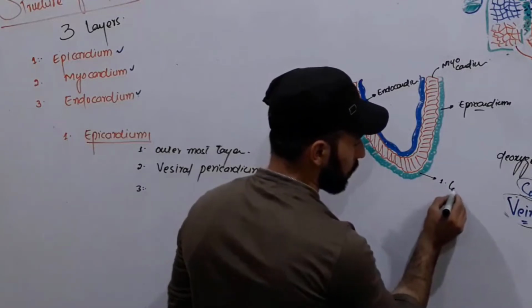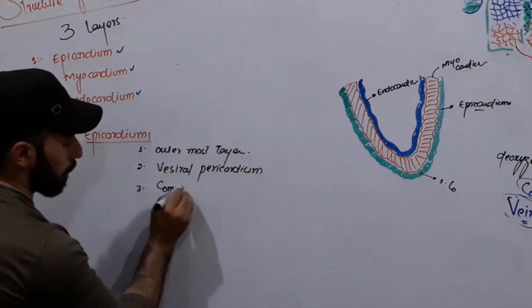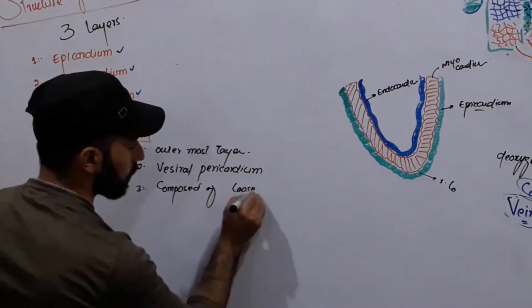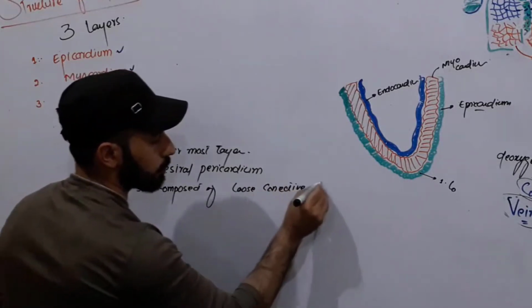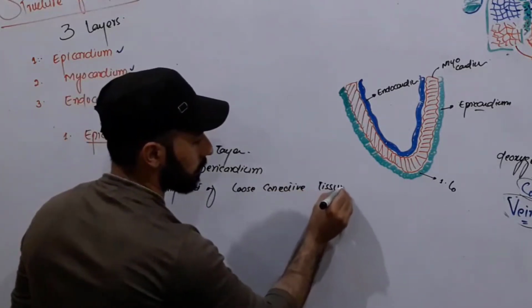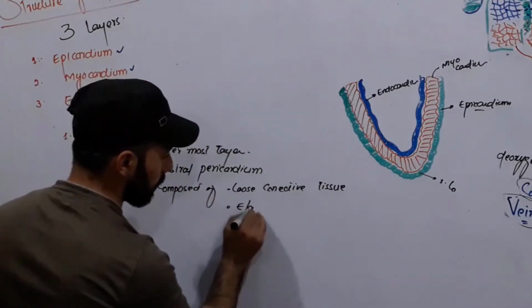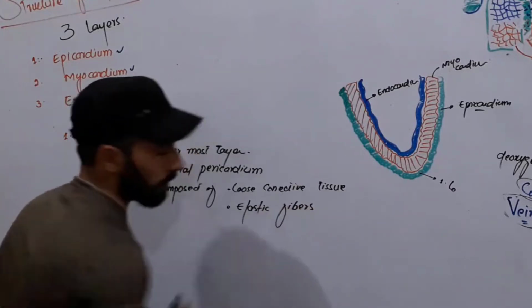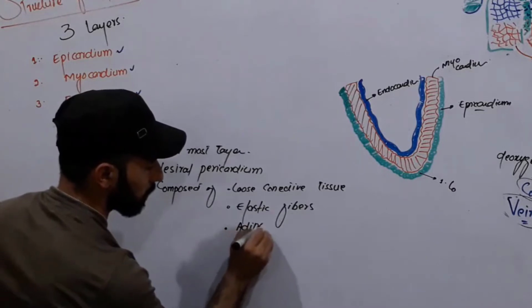number one, let me write it here. It is composed of loose connective tissue. It also has elastic fibers, and it also has adipose tissue.